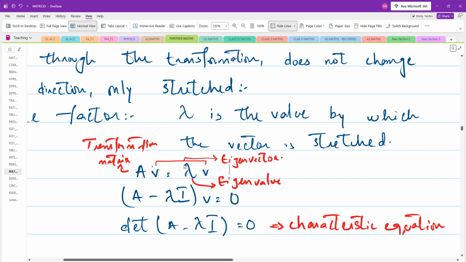This number, this stretch factor that is going to be stretching this vector, is called the eigenvalue. The vector to which the matrix is being multiplied is called the eigenvector, and this matrix is called a transformation matrix.